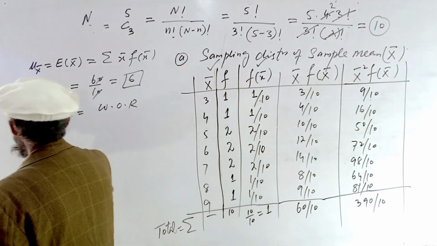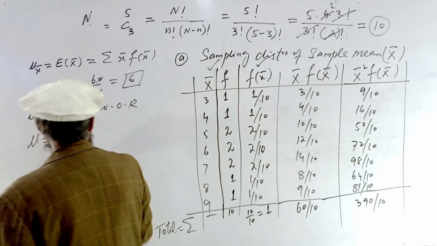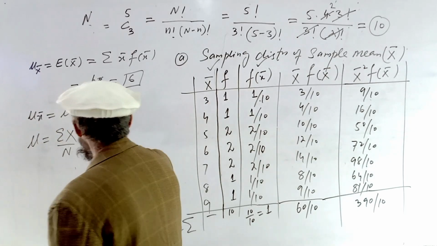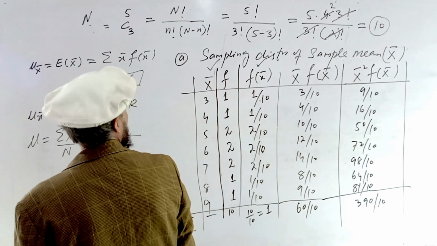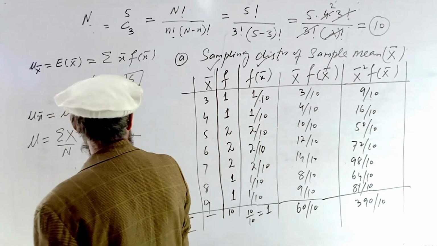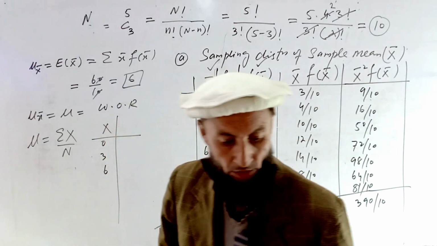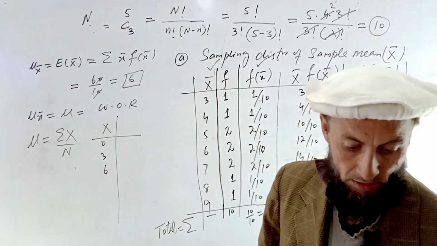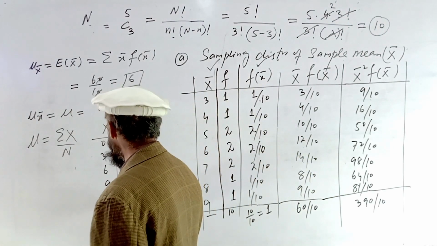So mu means summation x divided by capital N. X is already given: 0, 3, 6, 9, 12. These are the values of the population.